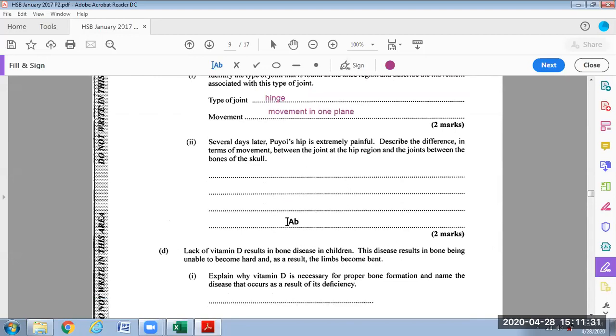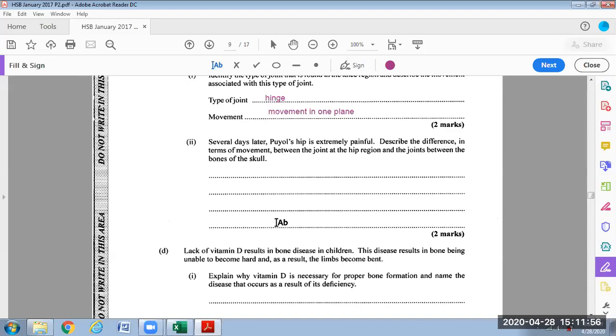Okay. Part 2, go ahead. Same person. Several days later, Puyol's hip is extremely painful. Describe the difference in terms of movement between the joints in the hip region and the joint between the bones of the skull. So this is something you ought to read over in your head too.